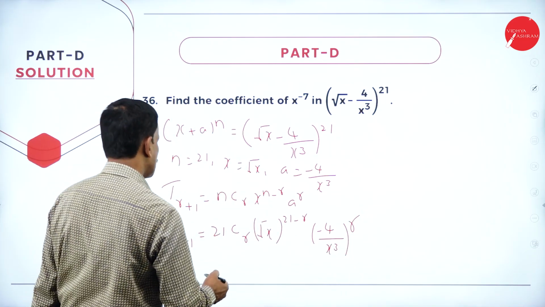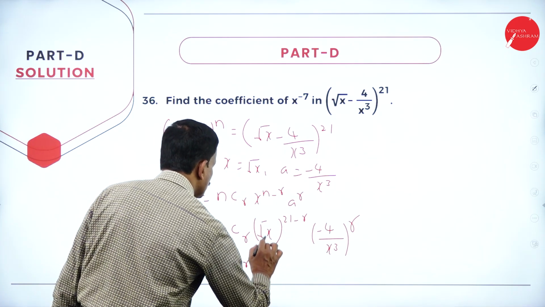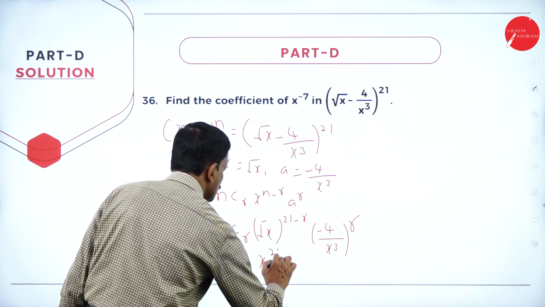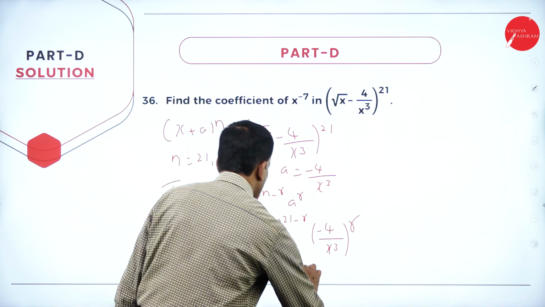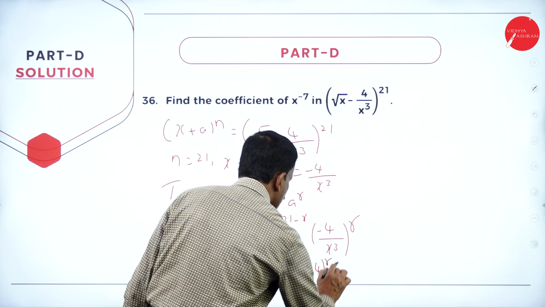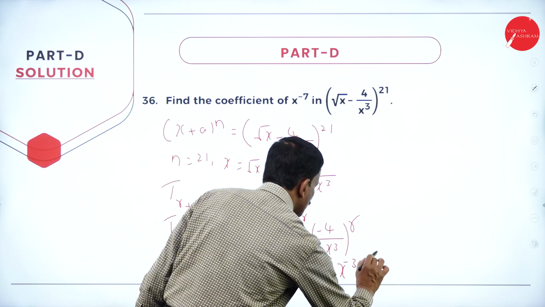Right. So this can also be written as 21 C r x to the power of, root is nothing but 1 by 2, 21 minus r divided by 2, and this can be written as minus 4 to the power of r. Take this to the numerator, it becomes x to the power of minus 3r.